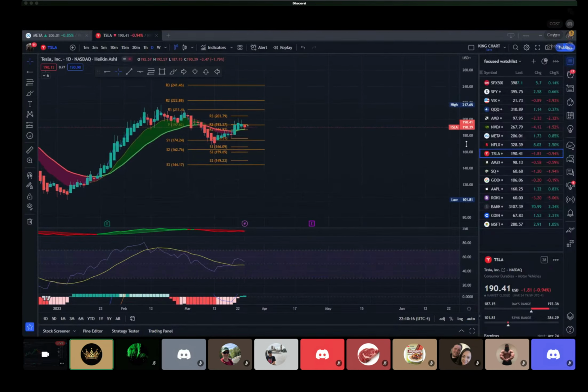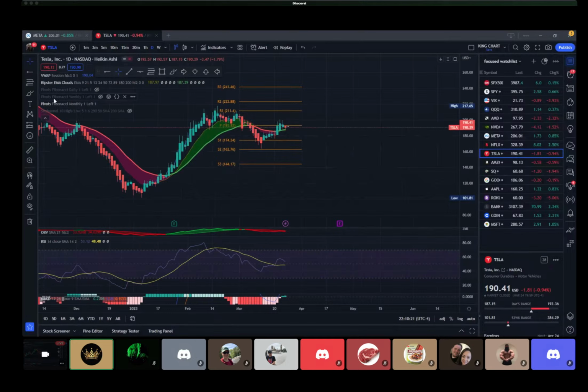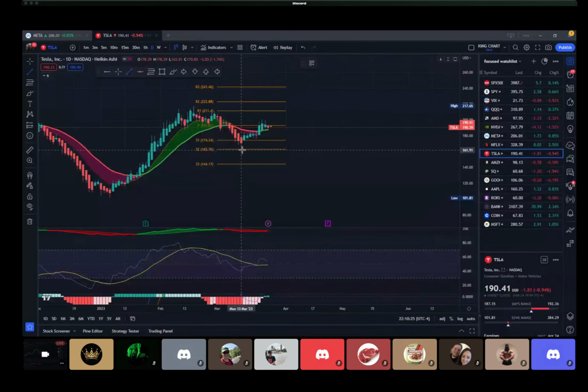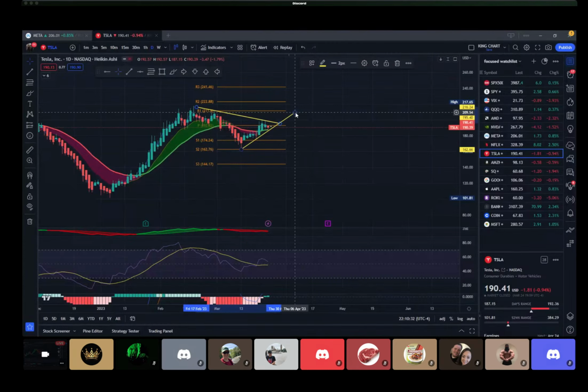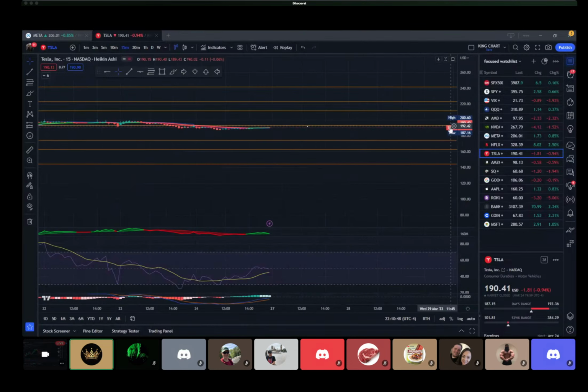All right, so first off, Tesla, because Tesla is just amazing. Tesla, we got this guy here, and we have this guy here. It's not really a good pattern. I don't really like it that much, so I wouldn't play anything here on the daily. Let's go to the 15. Are there any nice intraday moves for tomorrow?